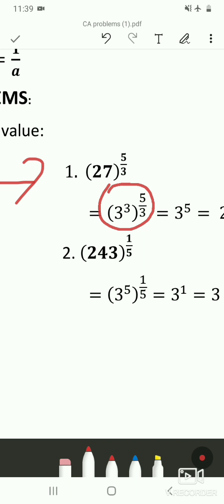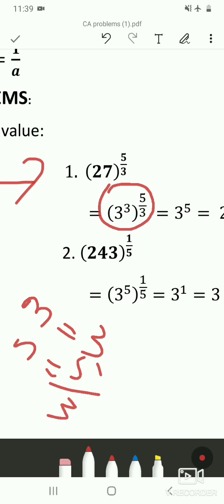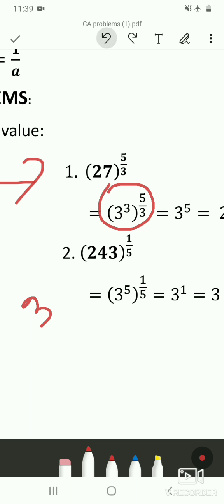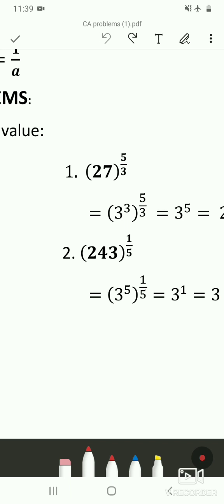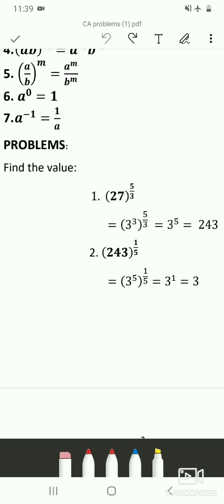So here m is 3 and n is 5 by 3. So when you write it in that form, this 3 and this 3 get cancelled. So we are left with 3 power 5. So 3 power 5 is equal to 243.